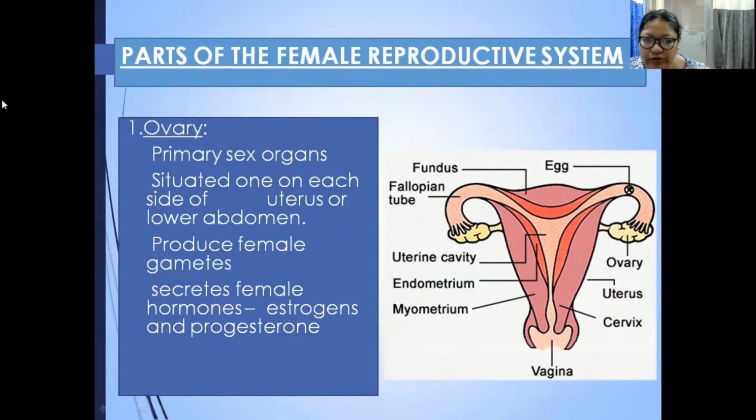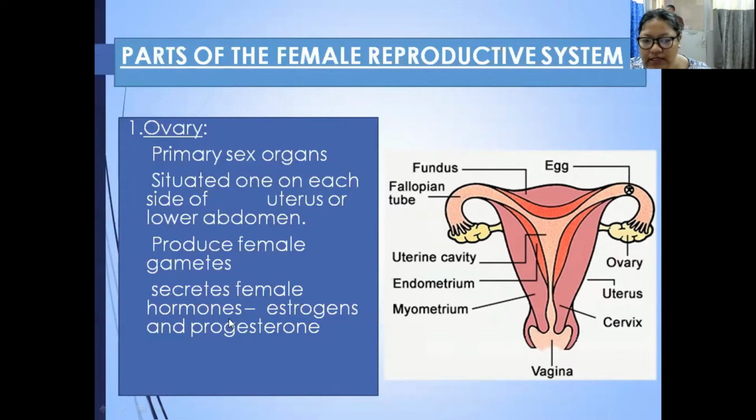So progesterone is a very important hormone that is required in the female's body. And the function of estrogen is that it takes care of all the female reproductive activities taking place inside the body, starting from the secondary sexual characters in females, like enlargement of breast, menstrual cycle, etc.